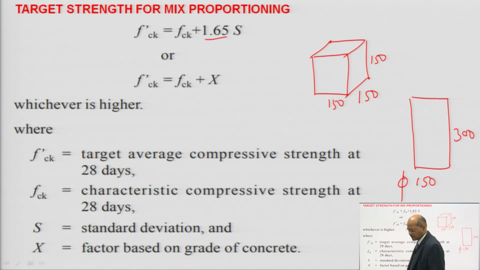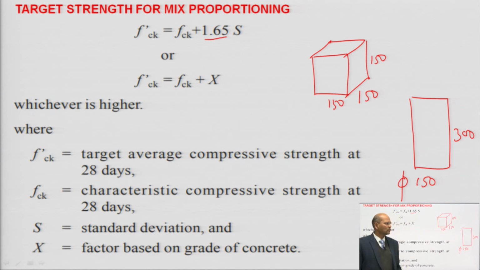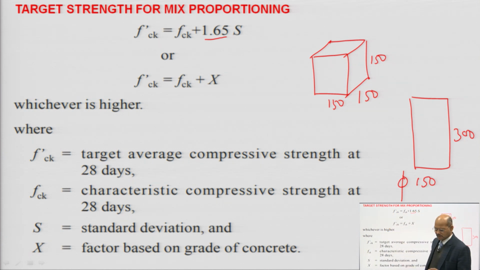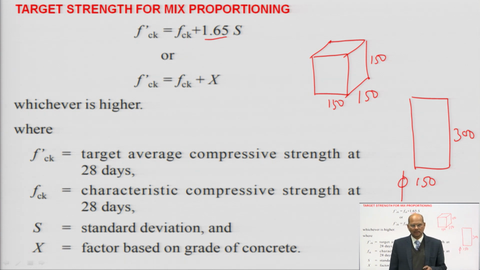They do the test on this, and due to the platen effect, the strength of the cube will be higher than the strength of the cylinder. So, here in India we have a practice of assessing the strength of concrete on 150 mm by 150 mm by 150 mm size cube. That is why I have taken this, because I will try to use the Indian standard.